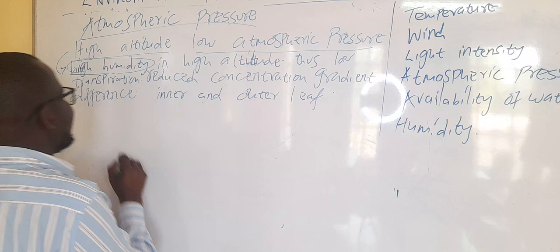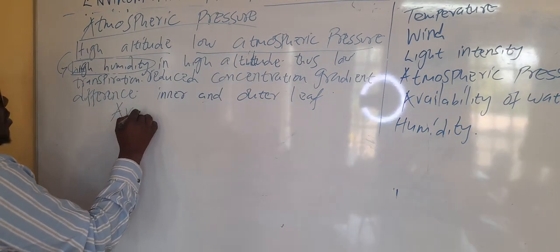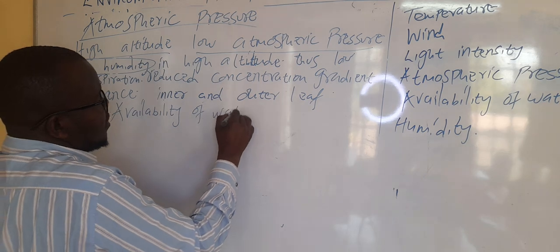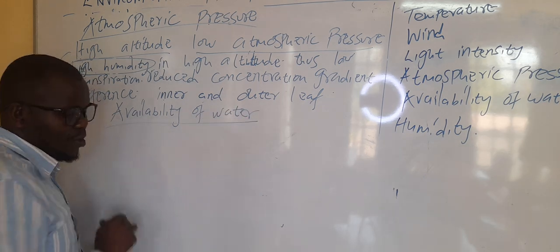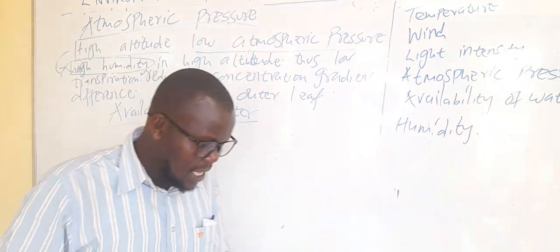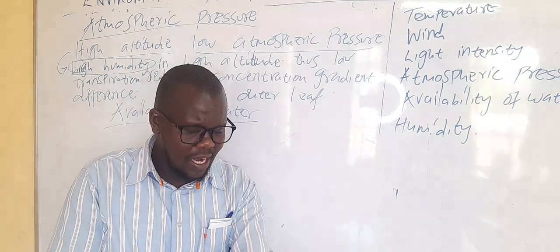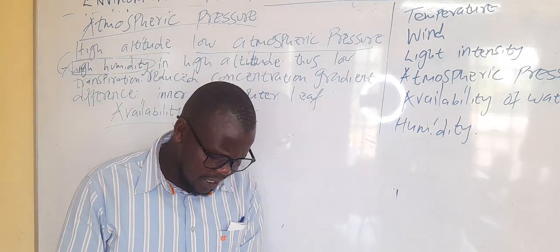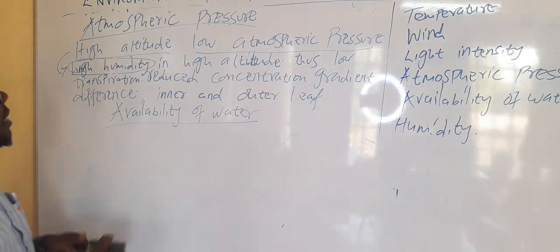Then the last one is availability of water. You just relate this one with the guard cell. The more the water in the soil, the more the absorption rate. And this one leads to more turgidity in the guard cell.